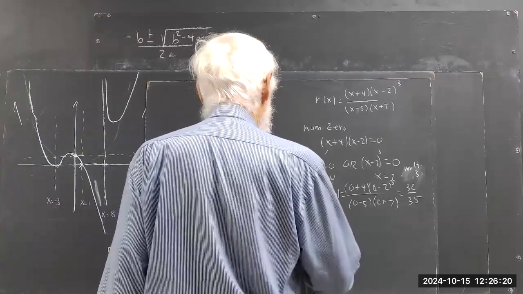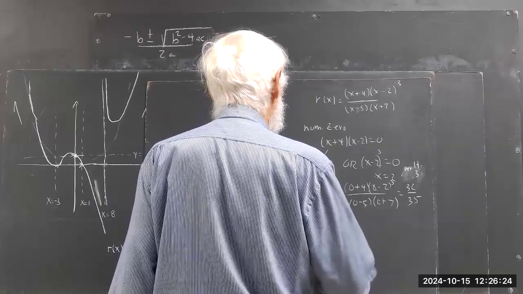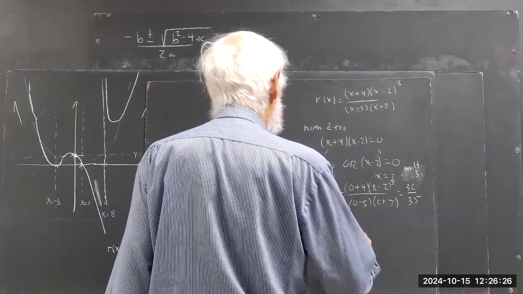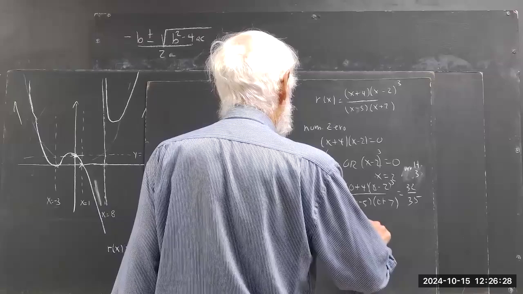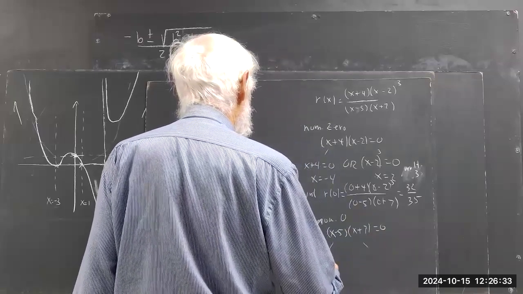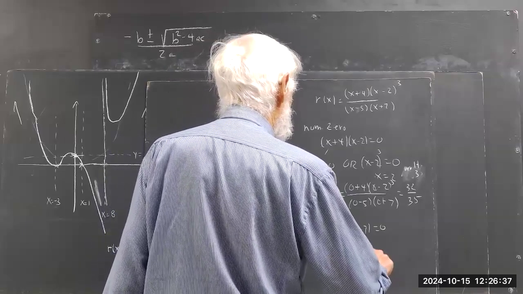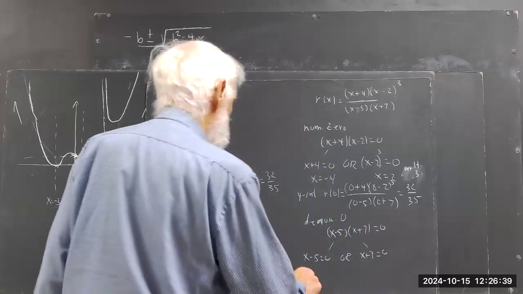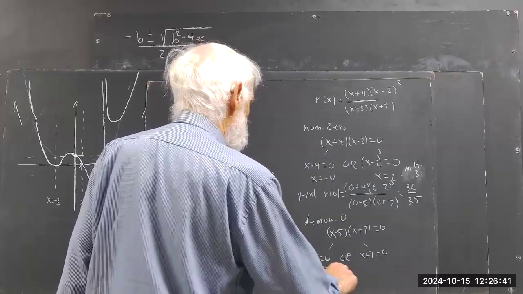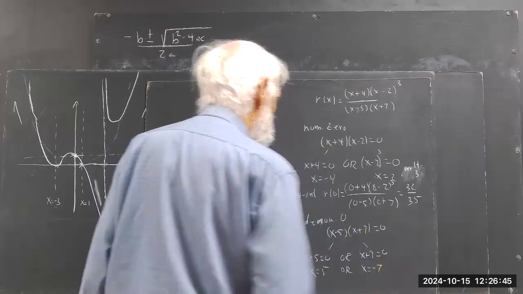Okay, now denominator equals 0. x minus 5 times x plus 7 equals 0. This splits into 2 equations. x minus 5 equals 0, or x plus 7 equals 0. The solution, x equals 5, or x equals -7.